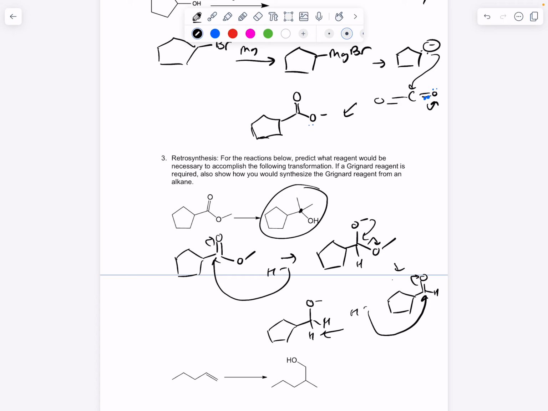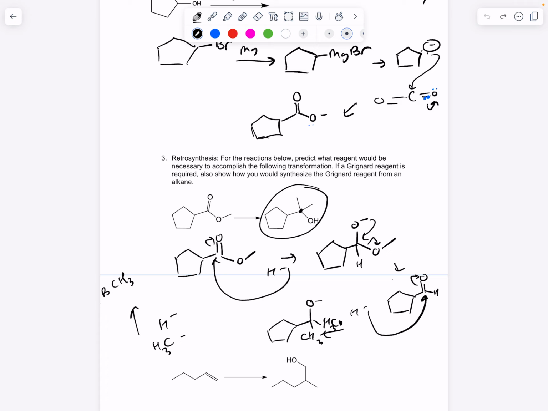Well, we learned one way to get a carbon-carbon bond forming, and that is with a Grignard reagent. So if somehow I could have the nucleophile, instead of being hydrogen, be CH3, that would get me what I wanted. So instead of H minus attacking, we need CH3 minus attacking, and the only way to make CH3 minus is to have CH3MgBr.